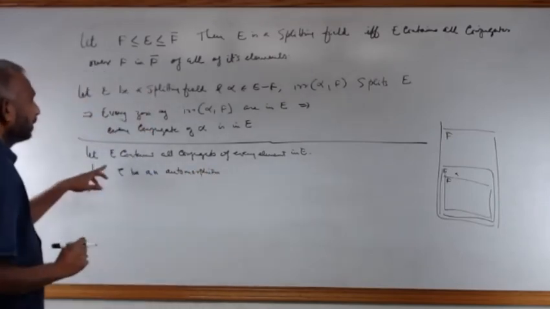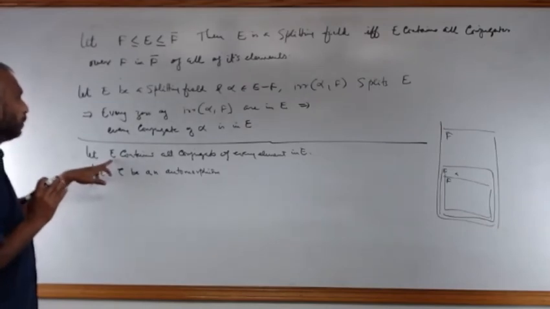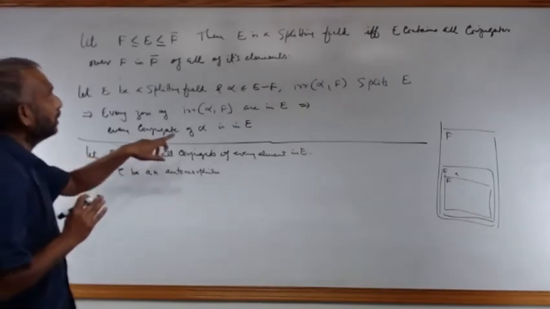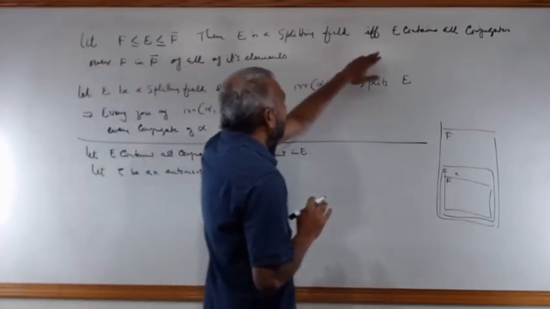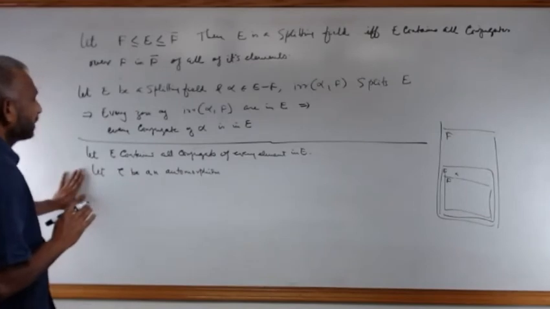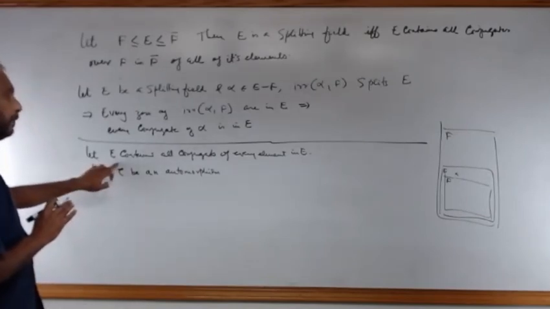One of the results we proved is the necessary and sufficient condition for a field to be a splitting field. We want to show it's a splitting field based on some conditions, so we want to use that result to prove that E is a splitting field.